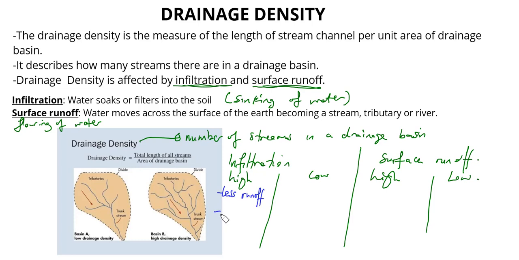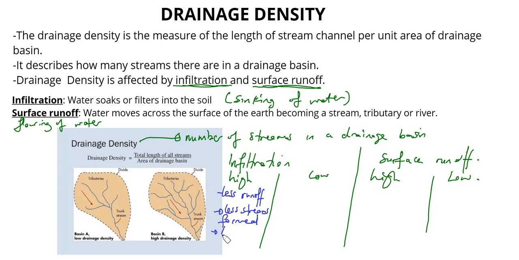And when we've got less water flows, are we going to form more streams here? No, less streams formed. Now, when we form less streams, does it increase drainage density or lower the drainage density?